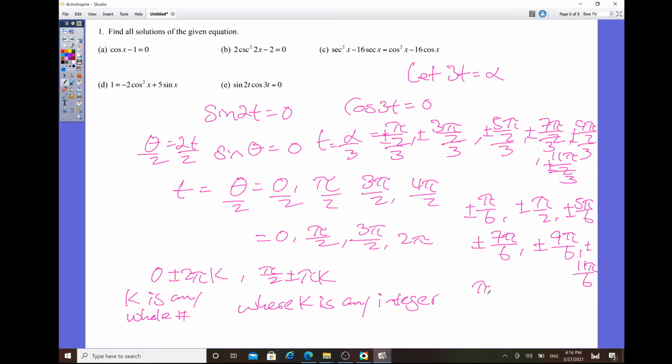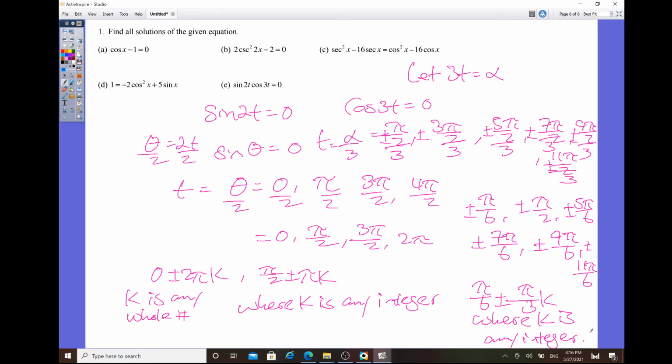So pi over 6 plus minus 2 pi over 6, plus minus pi over 3 k, where k is any integer. Okay.